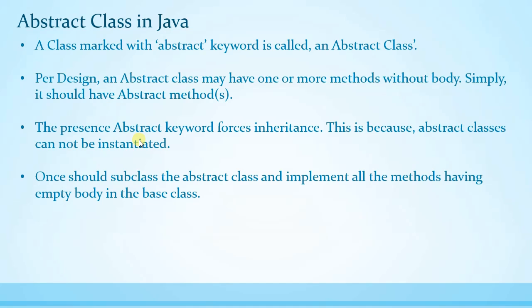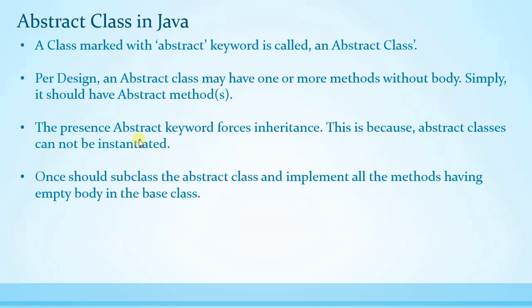So, if classes A, B and C are inherited in the order where B is from A and C is from B, then class C should implement all the abstract methods in A and B. If class C does that, then the user can create an instance of C.